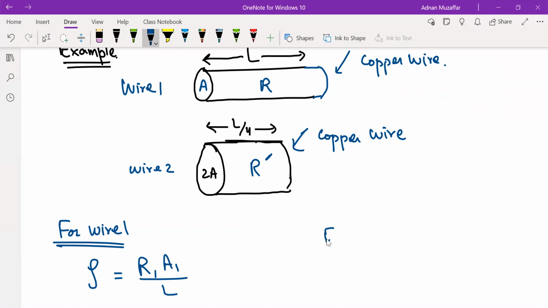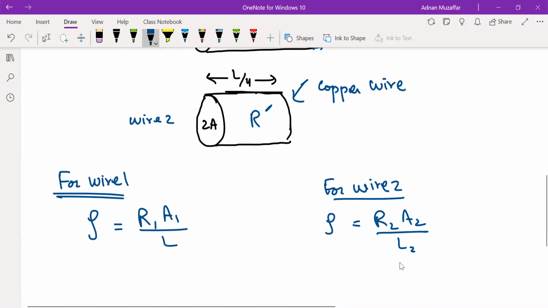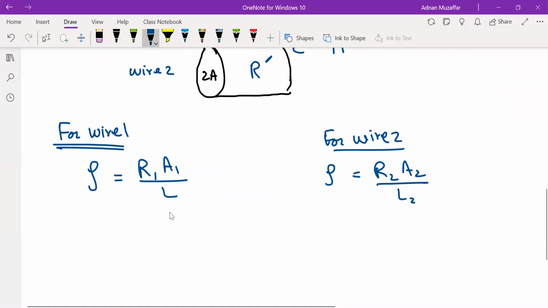Similarly for wire 2, it would be rho equals R2 A2 over length 2. As these are wires of the same material, you can equate their resistivity, and their resistivity is the same.